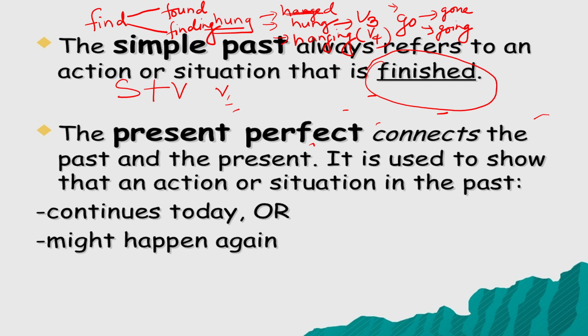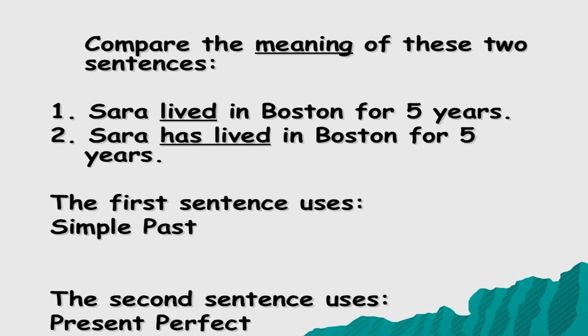So that's the difference. Simple past means any action that is completely over, and present perfect means any action that has already started and still has some impact at present, at the moment of expressing or writing.